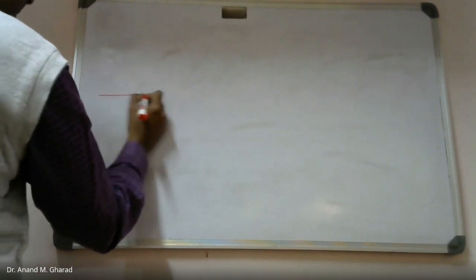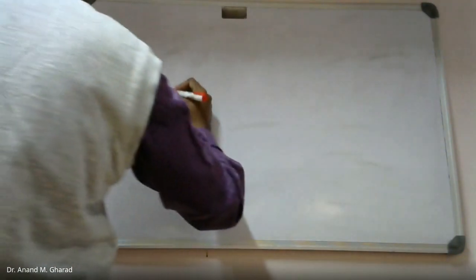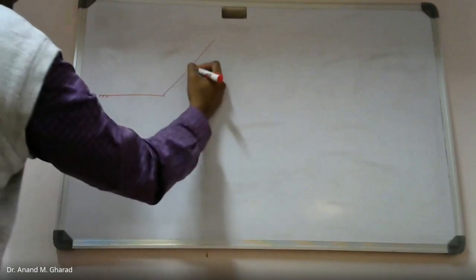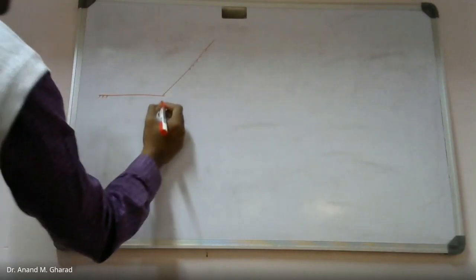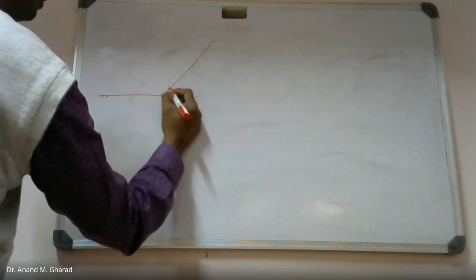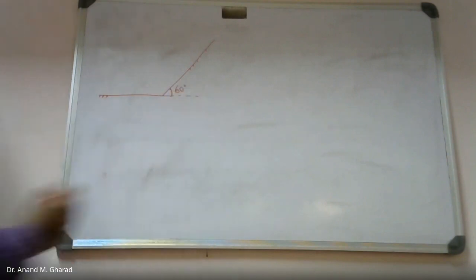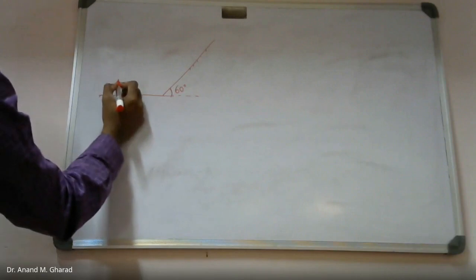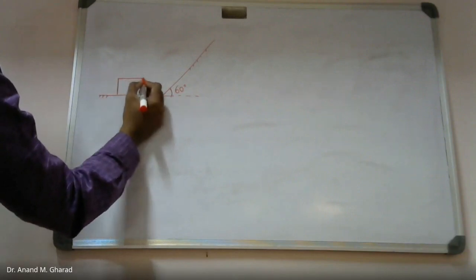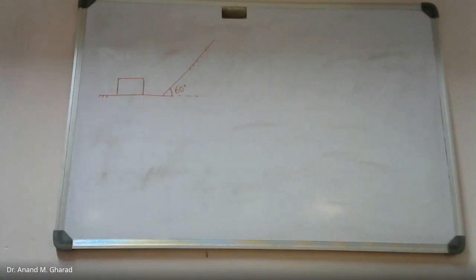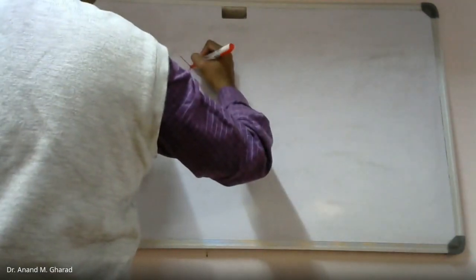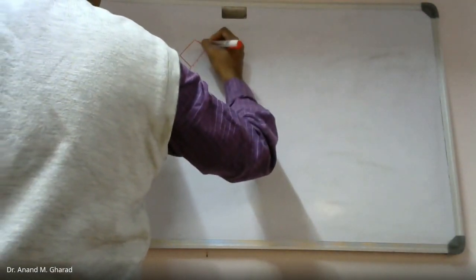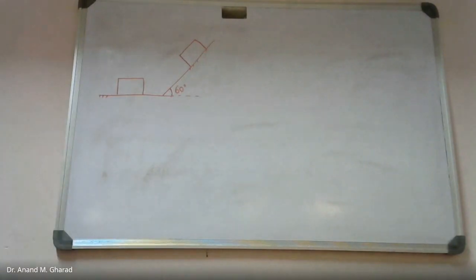Here, in this numerical, we have got two surfaces. Both are rough surfaces. One horizontal and another one is inclined, and that inclination with respect to the horizontal surface is 60 degree. This is given. Then there are two blocks. These two blocks are held in position with respect to one bar.